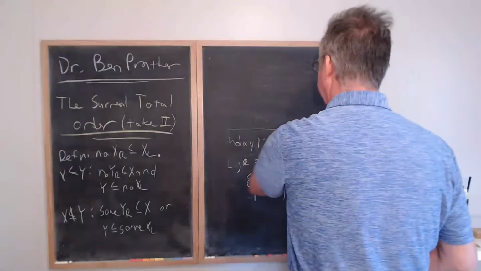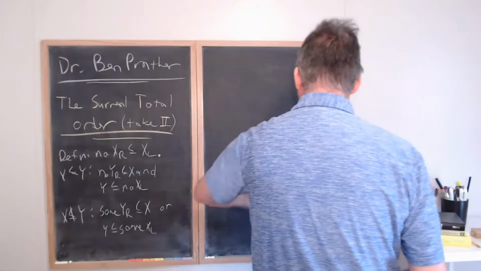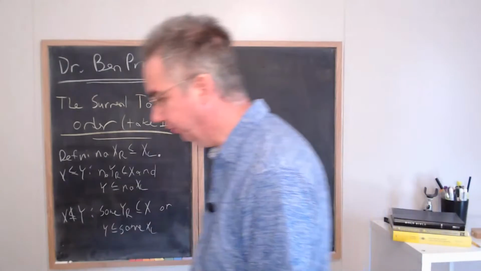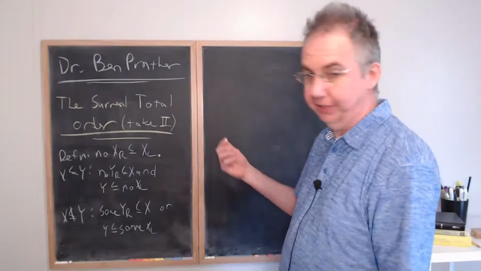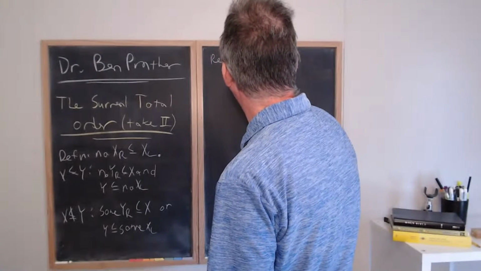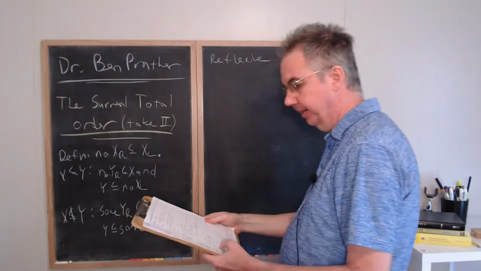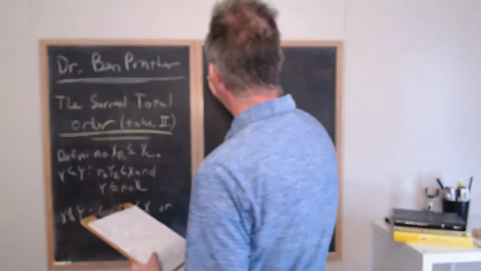Okay, so with that, we can start trying to look at some properties that are going to lead to being a total order. And the first one is the reflexive property. For that, we're going to look at these 3 statements.